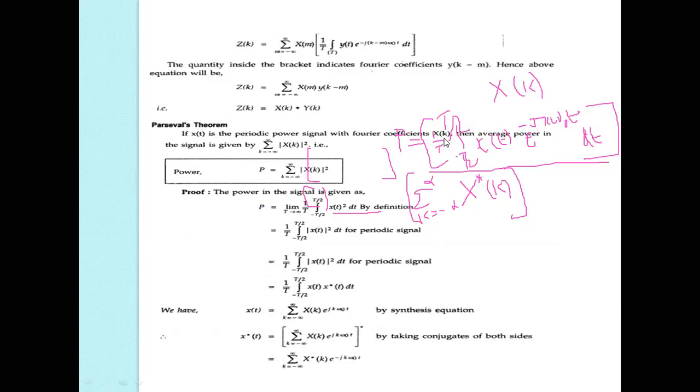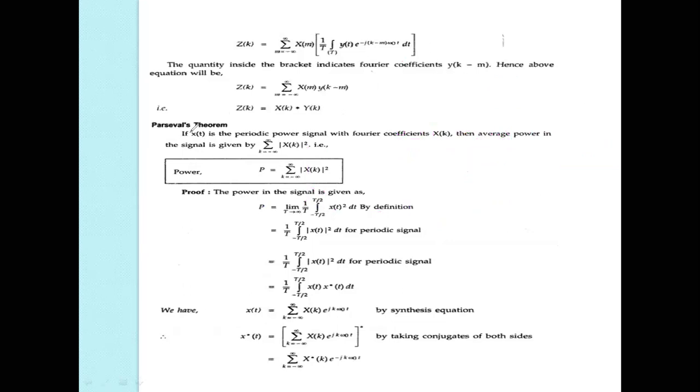Let's see here. If x of t is a periodic power signal with Fourier coefficients x of k, then the average power in the signal is given by the sum of k equal to minus infinity to infinity of the squared magnitude of x of k. We prove that by taking the power signal P is equal to the limit as T tends to infinity of 1 by T, the integral from minus T by 2 to T by 2 of x of t squared.